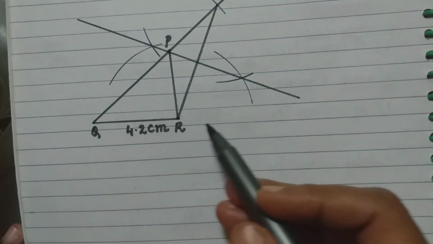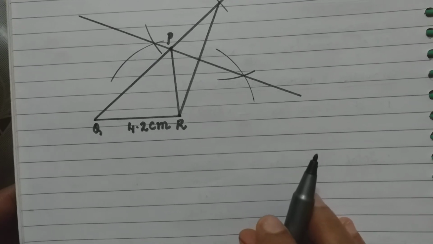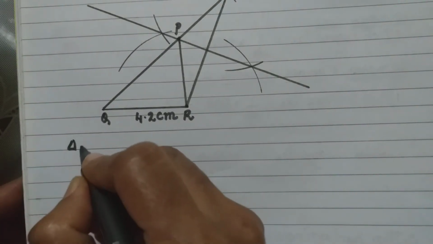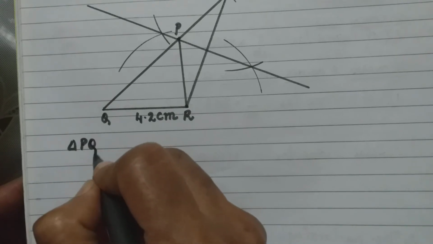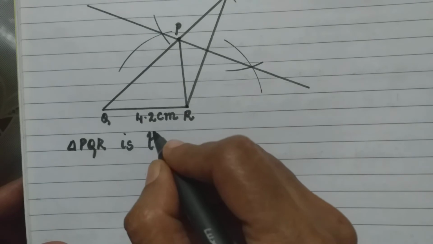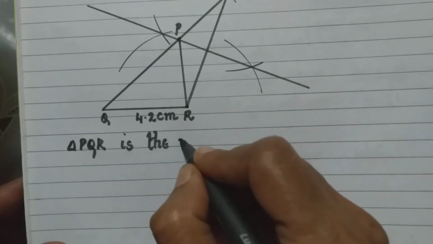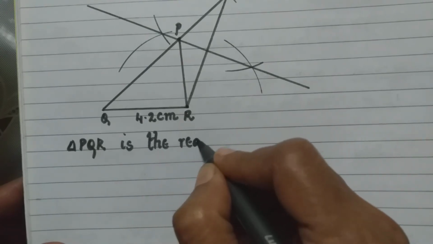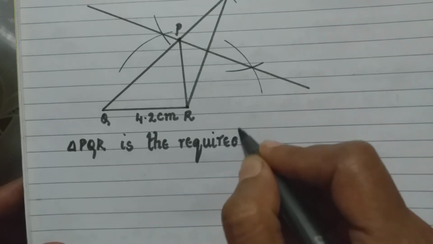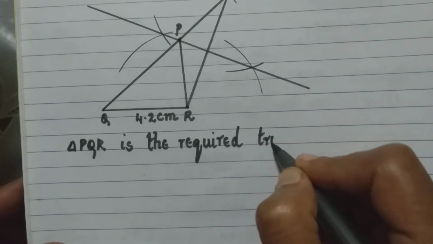So this triangle PQR is the required triangle. So we write here: triangle PQR is the required triangle.